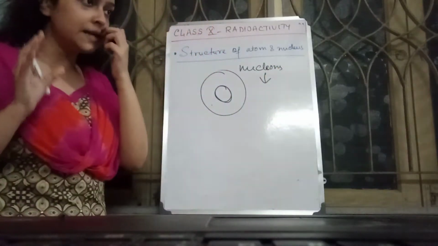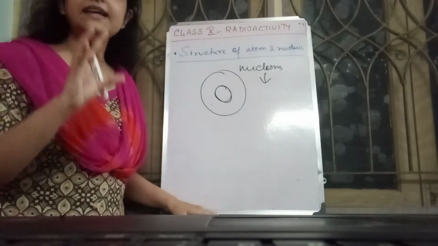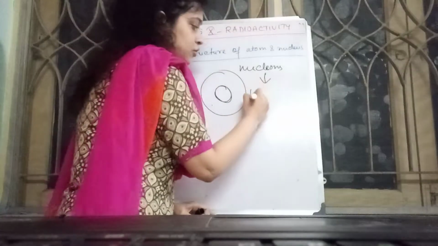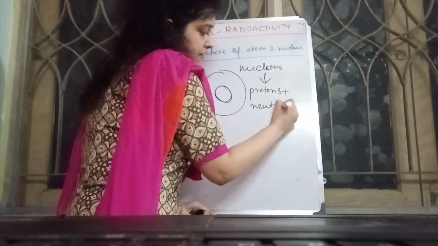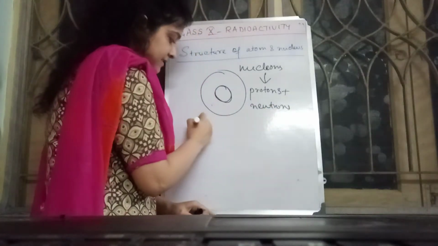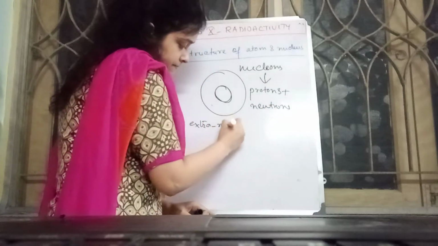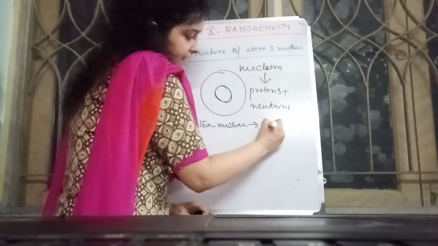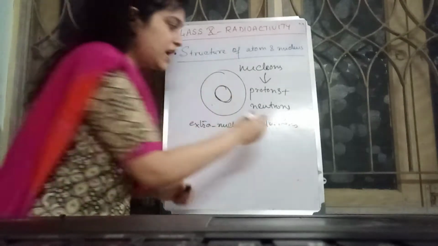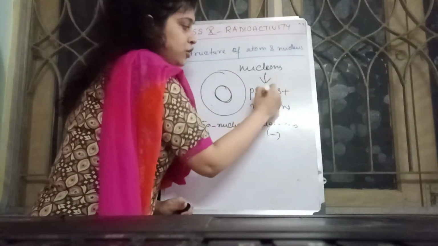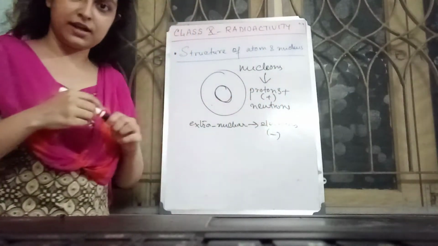Nucleons means the subatomic particles inside the nuclear part. So those are proton plus neutron, and extranuclear electrons. They carry negative charge, protons positive charge, neutrons no charge, right?